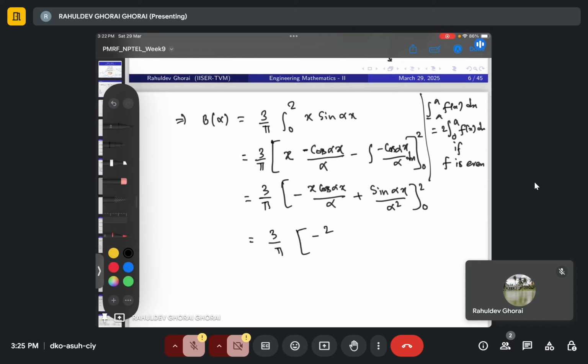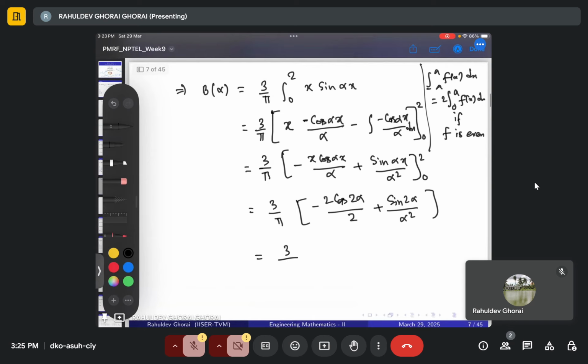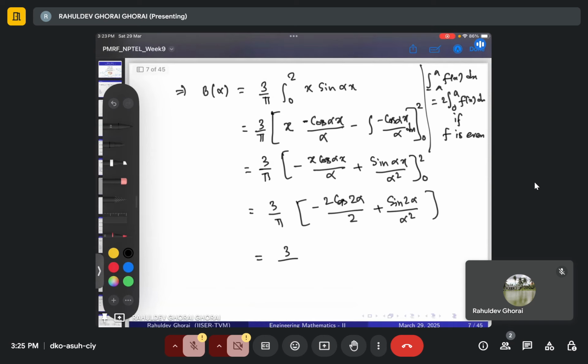When I put 2, that will be 2 cos 2 alpha over 2 plus sin 2 alpha over alpha square minus 0. So it will be just only this. That will be equal to 3 over... okay, I have missed something, so this will be as it is alpha, right?